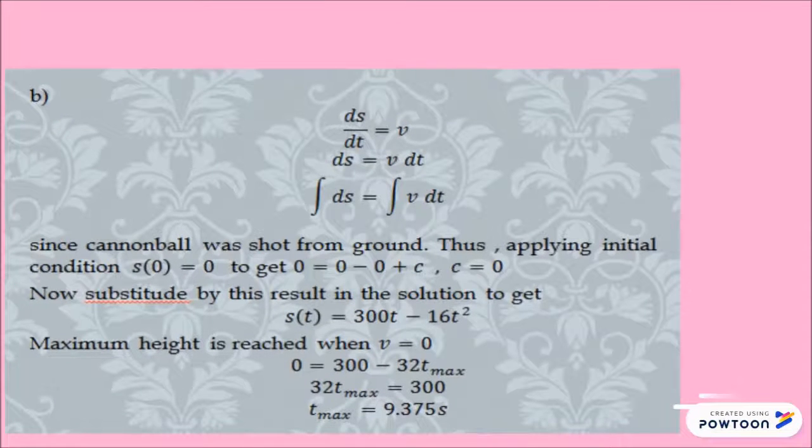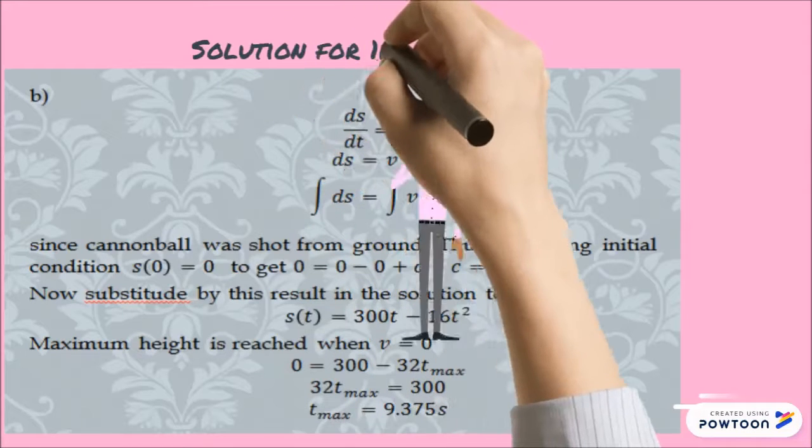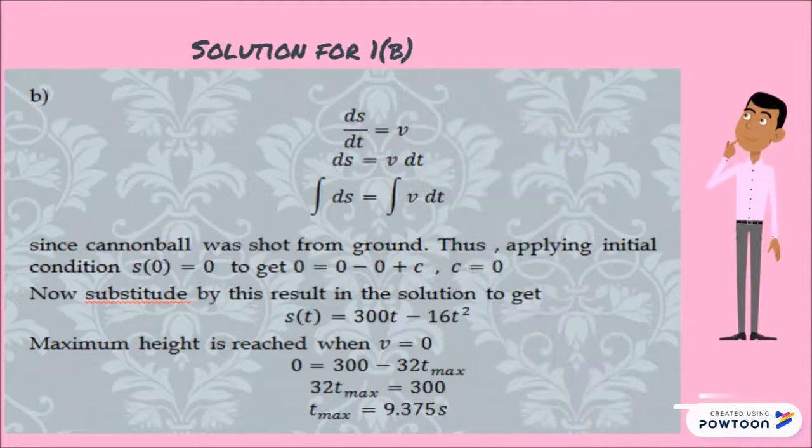Solution for 1b. ds over dt equals v. The dt goes to the right hand side, which turns to ds equals v dt. Integral ds equals integral v dt.